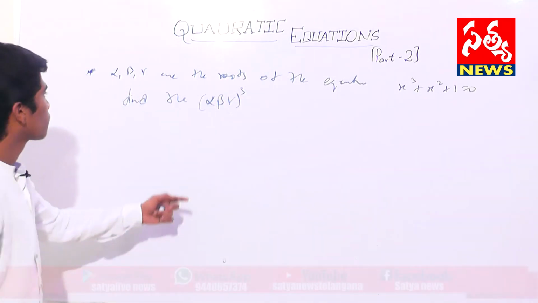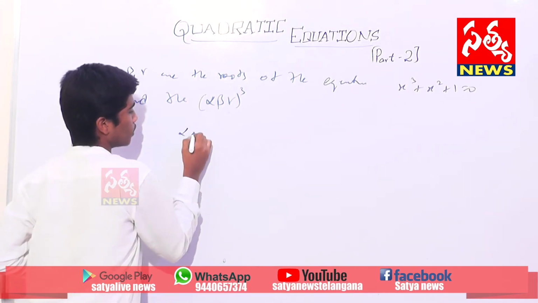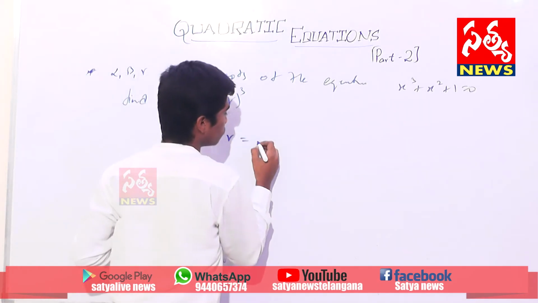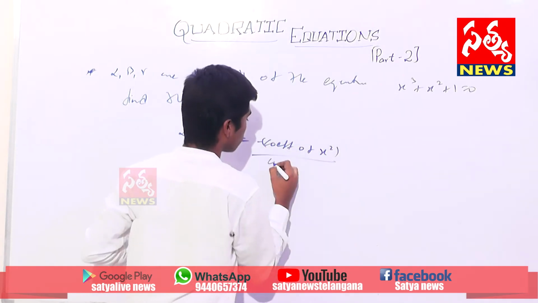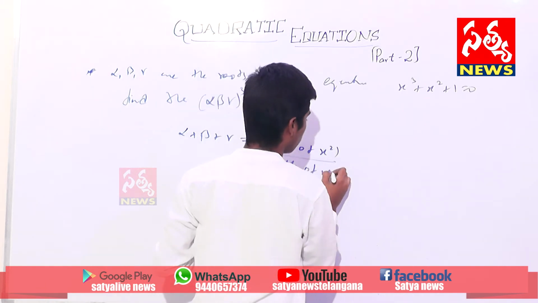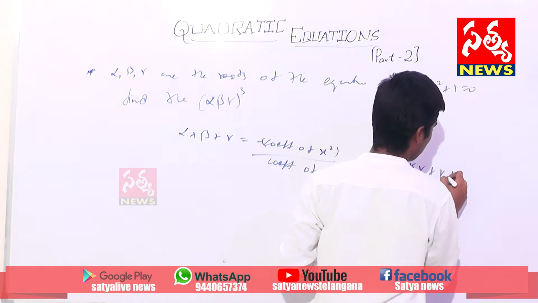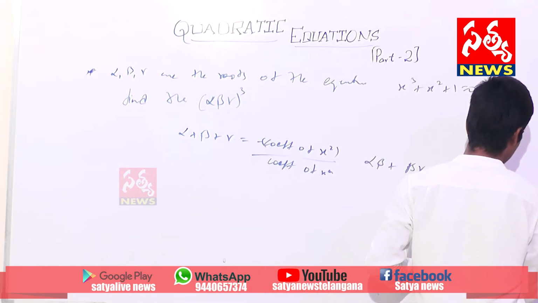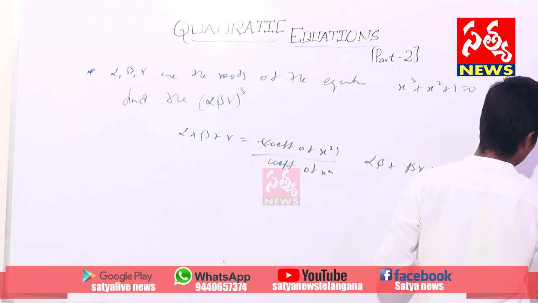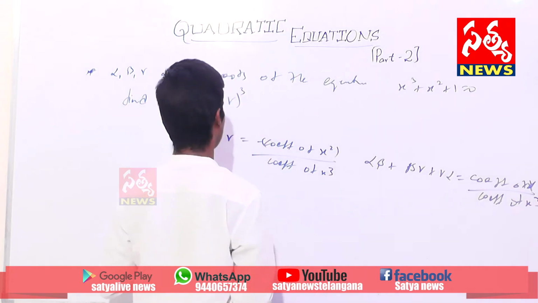Okay. So directly using the formula, we know that alpha + beta + gamma = minus coefficient of x^2 by coefficient of x^3, and alpha beta + beta gamma + gamma alpha = coefficient of x by coefficient of x^3.